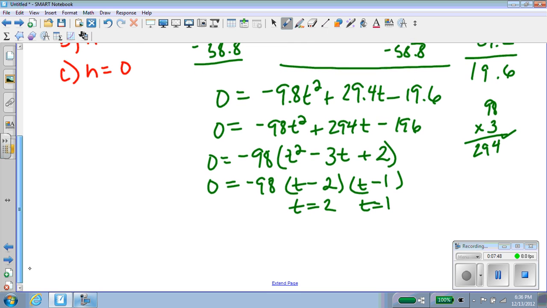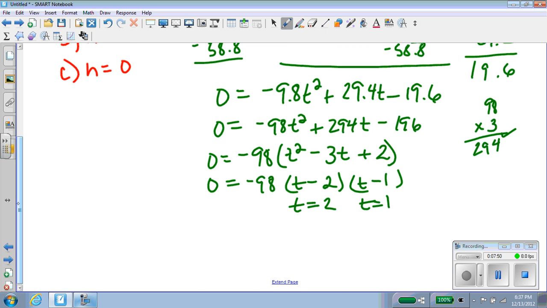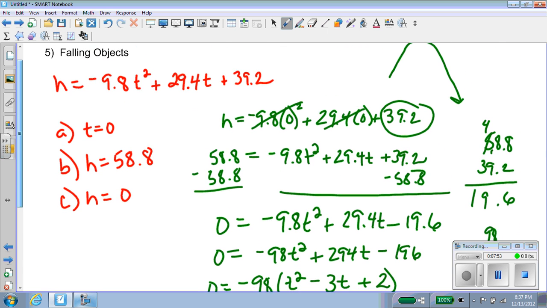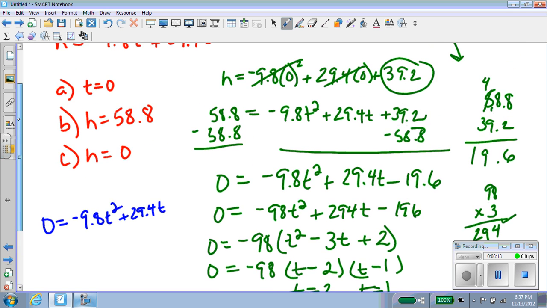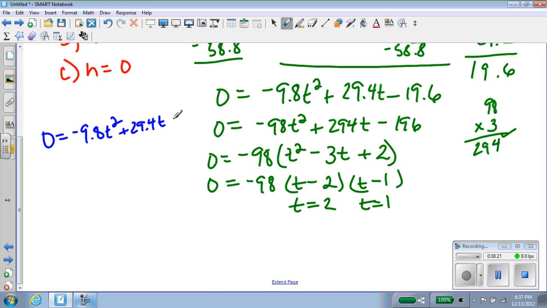Last one. If the height is 0, oh, okay. So I need more room. Maybe a new color. 0 equals negative 9.8 t squared plus 29.4 t plus 39.2.